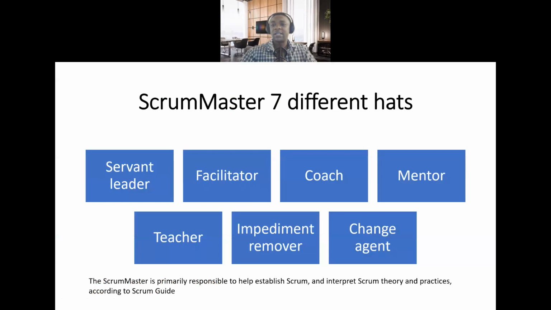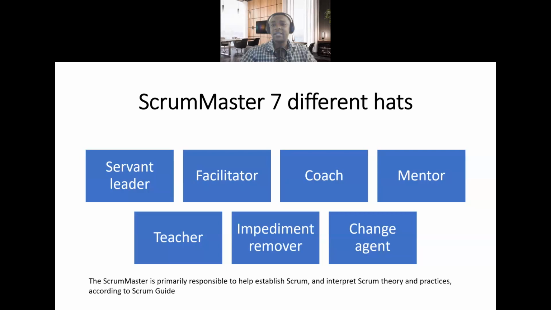All of these different hats are summarized in the Scrum Guide, when it says that the Scrum Master is primarily responsible to help establish Scrum and interpret Scrum theory and practices.